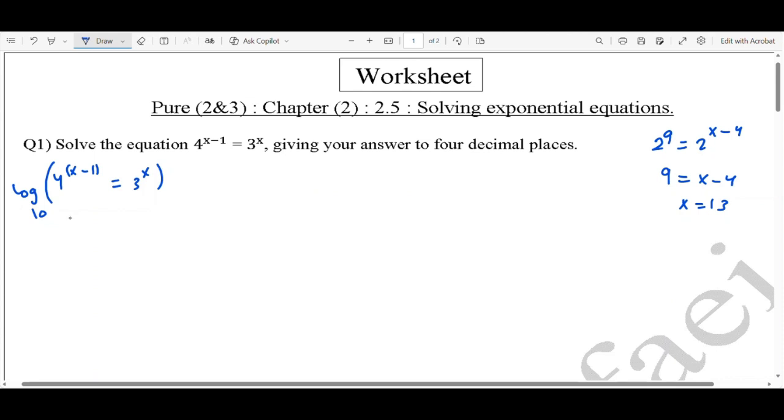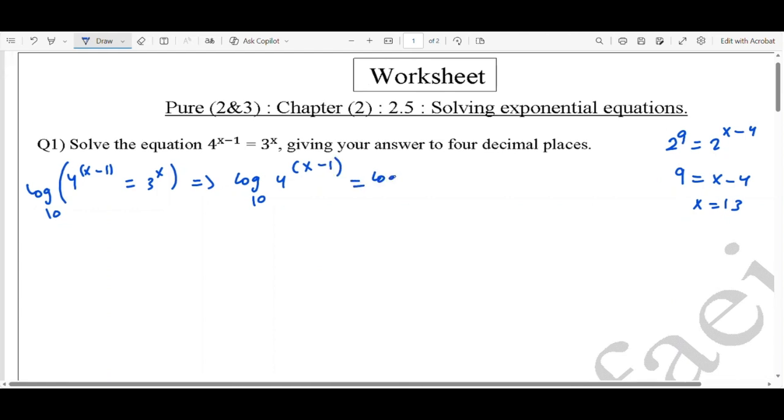So I will have log to the base 10 of 4 to the power x minus 1 equals log base 10 of 3 to the power x. Why did I have to take the log? To be able to move the power to become a coefficient.